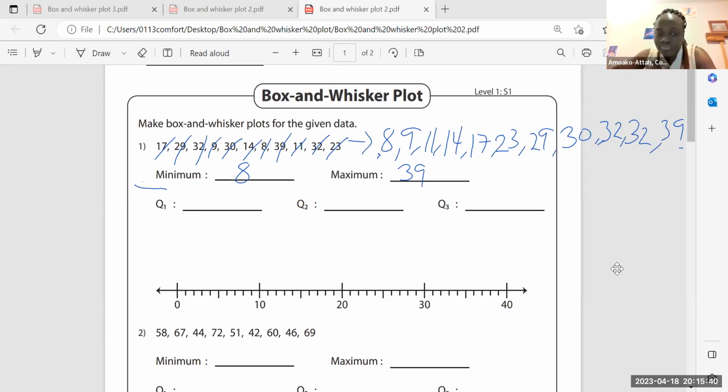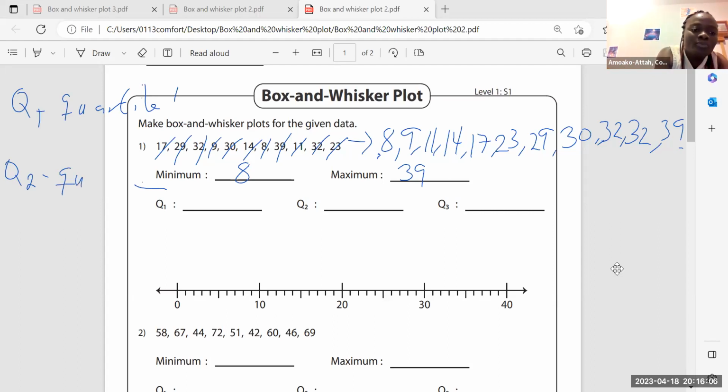Good job. Now, how do we find our interquartiles? That is the Q1, Q2, and Q3. Q1 is the first quarter, then Q2 becomes the quarter 2, then Q3 is the quarter 3.